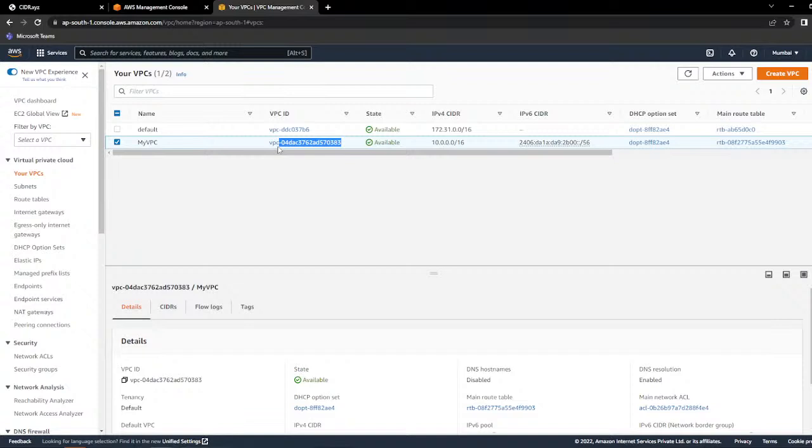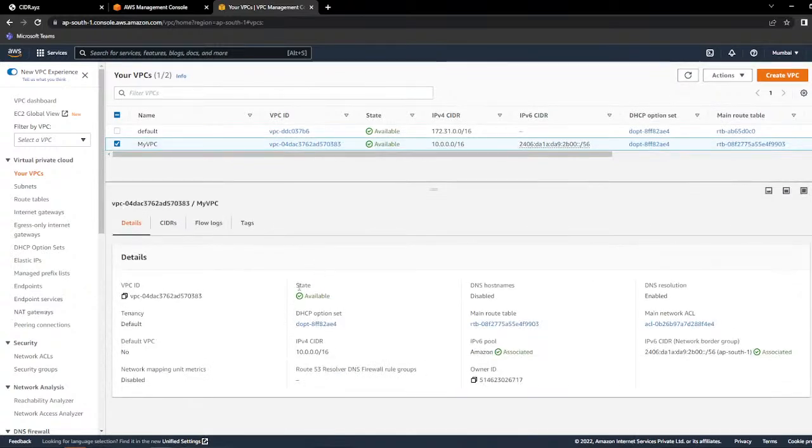Now just go to your VPC, and if you want, you can check the details. What are the details in my VPC? So this is the VPC ID. Okay, DNS right now we didn't enable any DNS, not required. This is the IP range which we configured. Is this a default VPC? No, it's not a default VPC. It's a custom VPC which we have created.